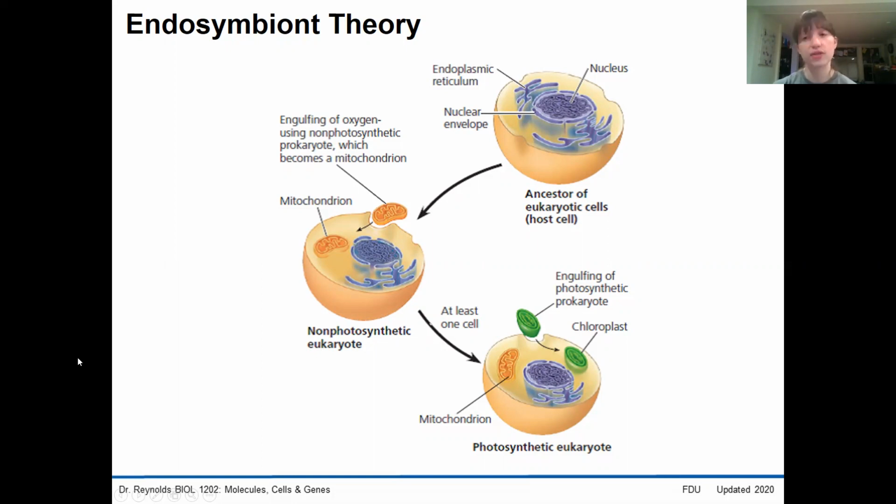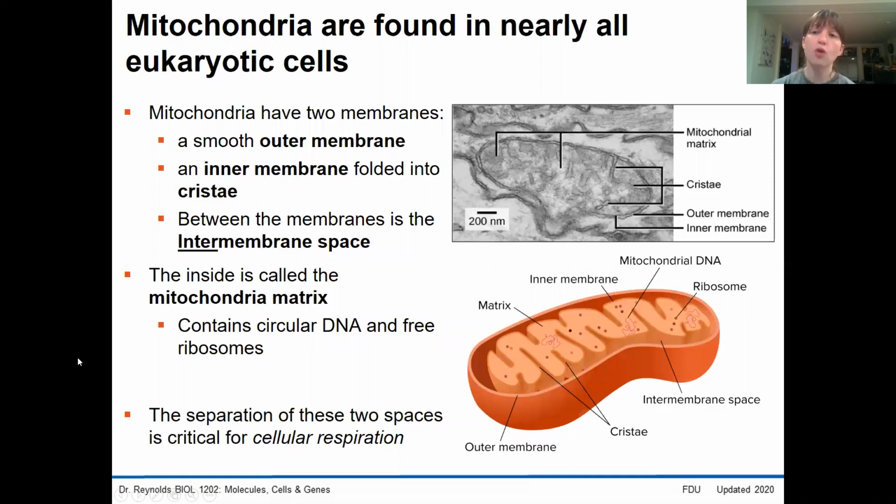It's thought that for some cells this happened again, except this time we engulfed a photosynthetic prokaryote, which gave rise to a chloroplast. It's important to know the structure of each one of these endosymbiotic organelles because we're going to be looking at this structure as we connect it to cellular respiration and photosynthesis. Mitochondria have 2 membranes.